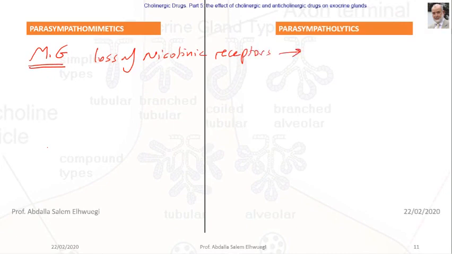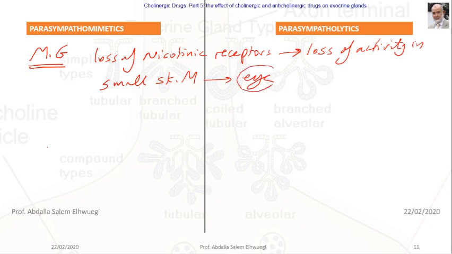First there is loss of activity in small skeletal muscles, like the skeletal muscle of the eyelid. So the skeletal muscle of the eyelid will lose contraction. This will produce what's known as ptosis. This is the very first sign that the person is suffering from myasthenia gravis.